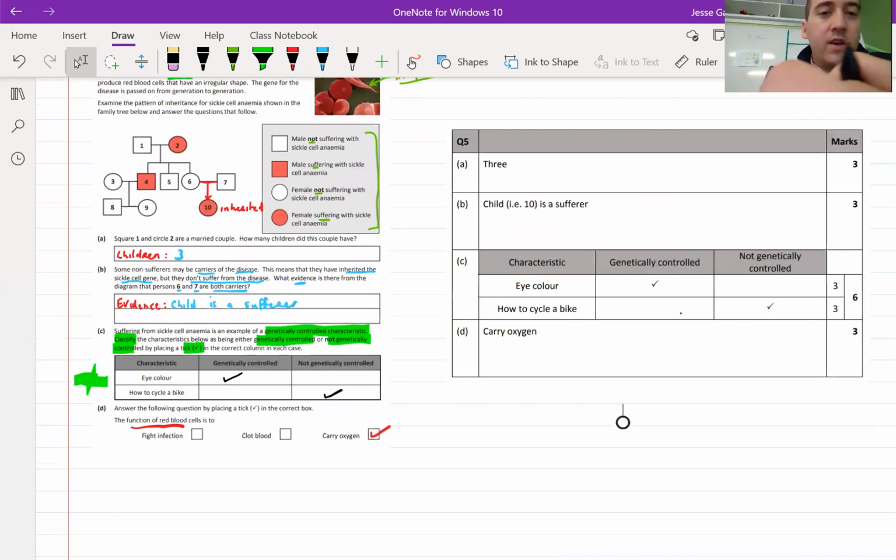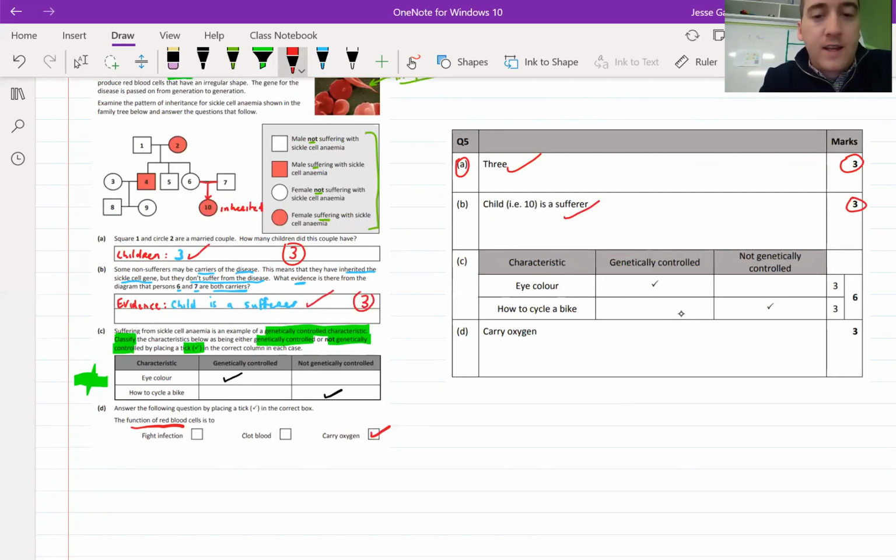The first answer is 3 marks, as you can see, part A, and then 3 children. That's what we said, 3 marks. What's the evidence that 6 and 7 are carriers? 3 marks: their child is a sufferer. That's exactly what we said here. The next part C is 3 each, and the tick should be in the right box.